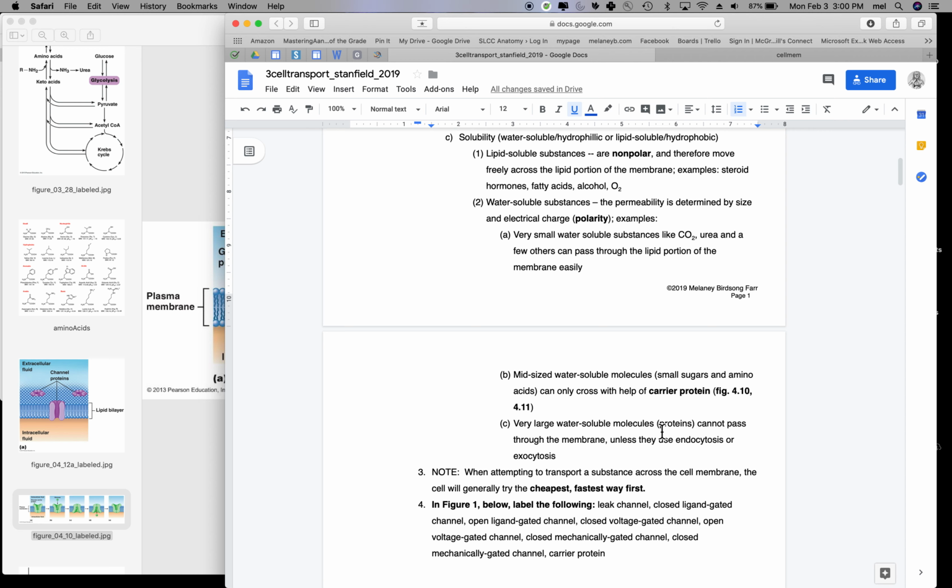What about something that's really, really big? So it's water soluble. It's not tiny like carbon dioxide. It's not mid-sized like a small sugar or an amino acid. Is there any way to get a big water-soluble molecule, like a whole protein that was just made inside the cell, out of the cell?